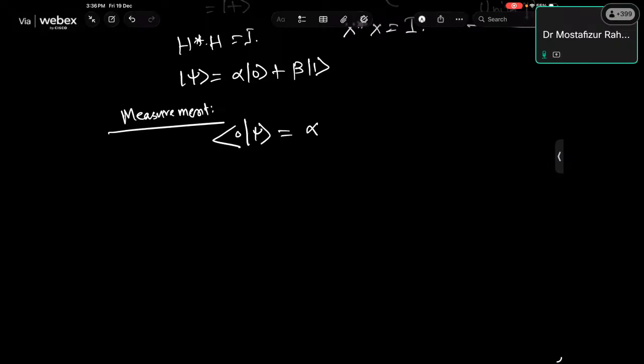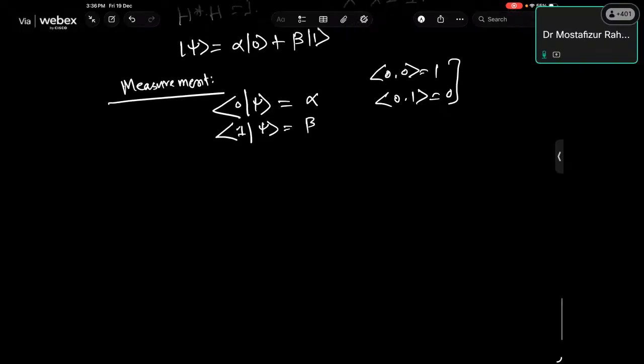So you get alpha back, and if you do an inner product between this psi and the computational basis |1>, you will be getting beta. Because <0|0> is the same vector, the dot product will be 1, so you get alpha, and because |0> and |1> are orthonormal, <0|0> equals 1 and <0|1> equals 0, right? Orthonormal vectors. So just apply this principle with the dot product, and you will be getting alpha and beta, right?